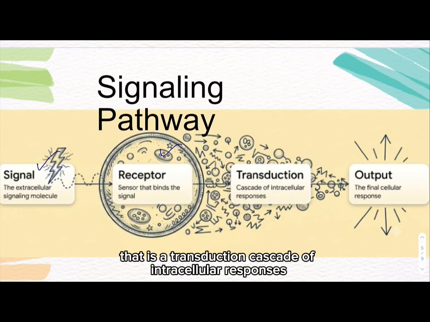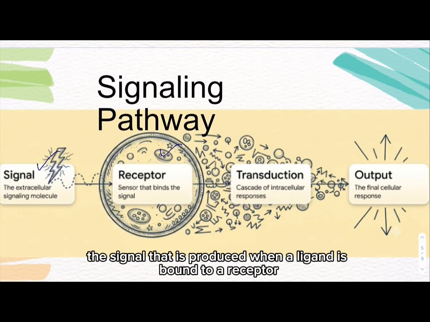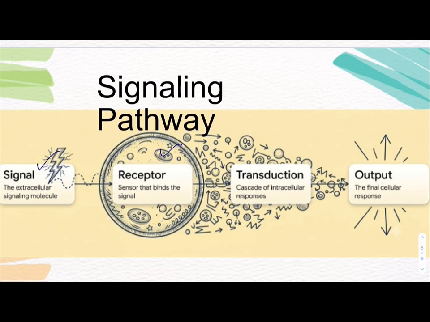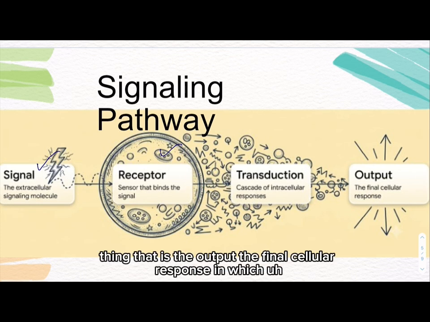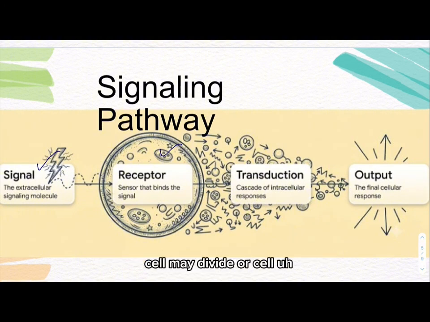That is a transduction cascade of intracellular responses, the signal that is produced when a ligand is bound to a receptor. And the final thing is the output, the final cellular response, in which a cell may divide or may differentiate into different cells.